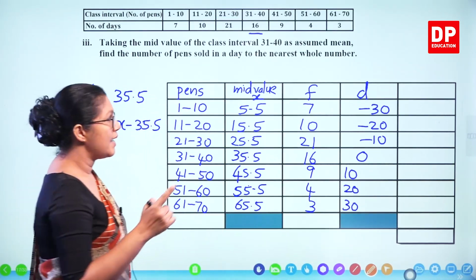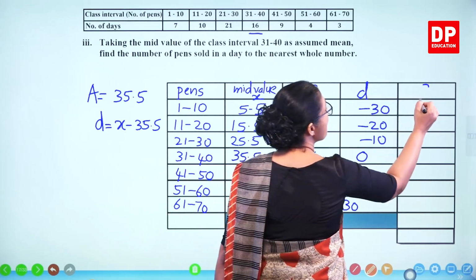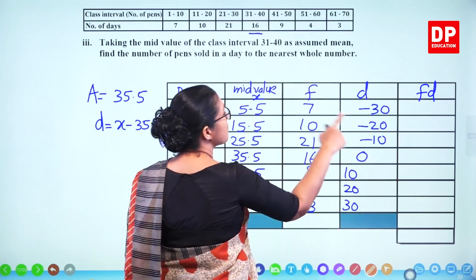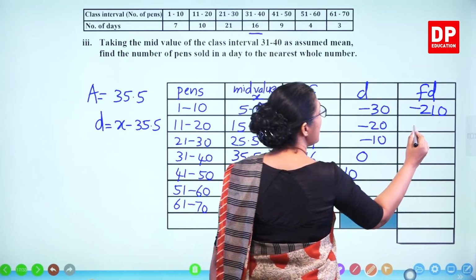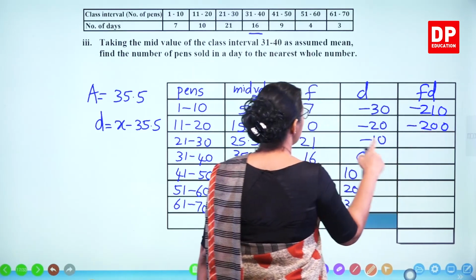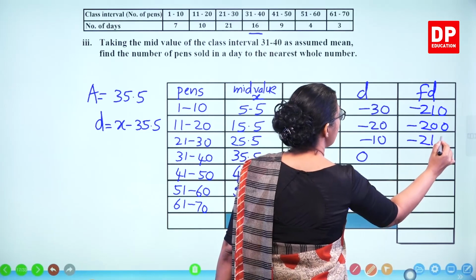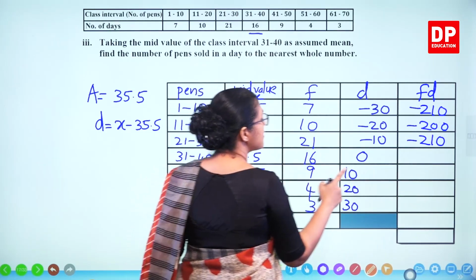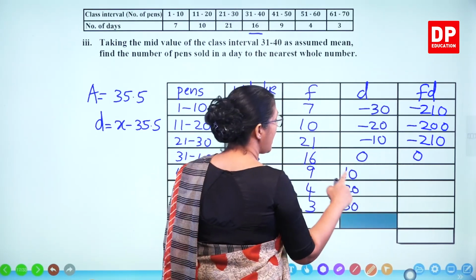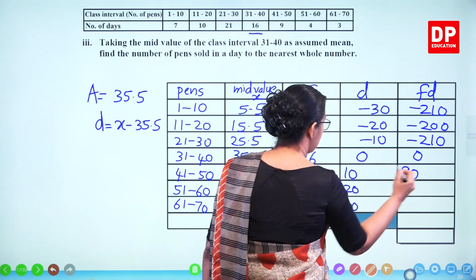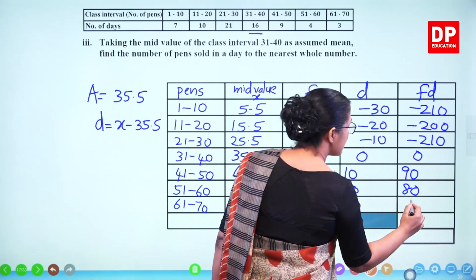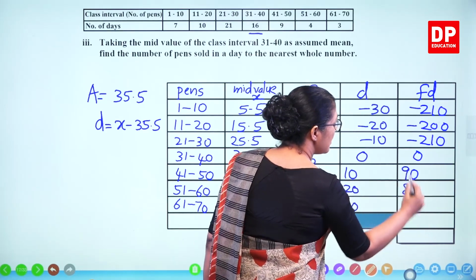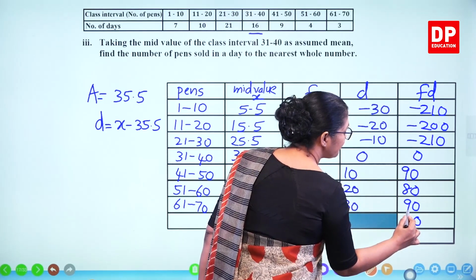Now we'll multiply f and d. Then you multiply, you get minus 70. 21 times 10, minus 210. 10 times 20, minus 200. 16 times 0, 0. 9 times 10, 90. 4 times 20, 80. 3 times 30, 90. Positive values.